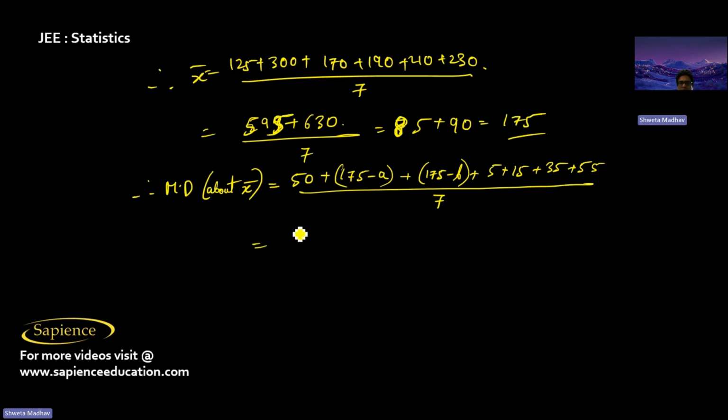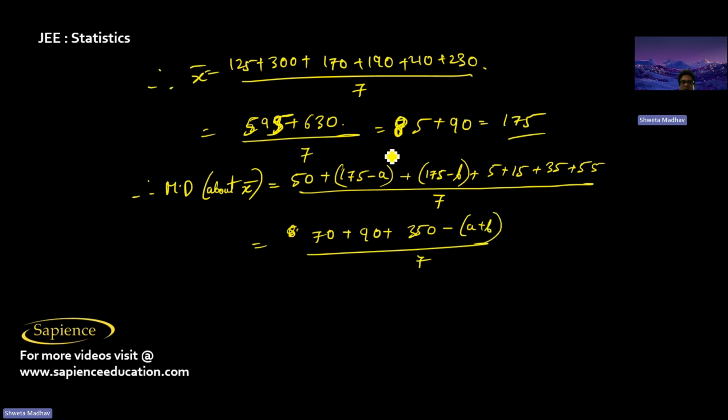This would be 50 plus 20, that is 70. 70 plus 35 plus 55, so this is 40 plus 50, that is 90. Plus this is 175 plus 175, it's 175 into 2, that is 350. 350 minus A plus B, divided by 7.